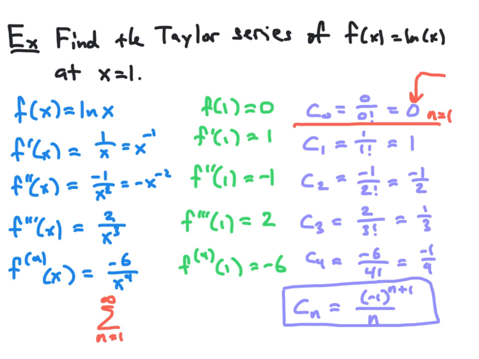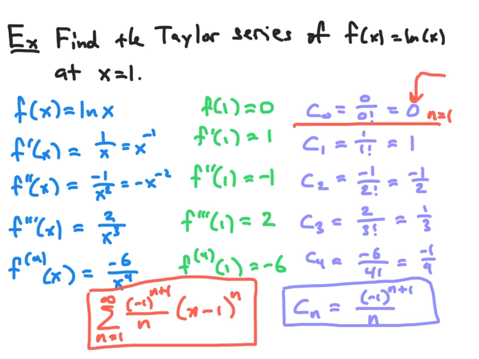Once we have this, we can substitute in our coefficient. We have negative 1 to the n plus 1 over n, and of course, we're going to have x minus 1 to the nth power. And so here is our Taylor series for natural log of x at x equal 1, given in compact sigma notation.